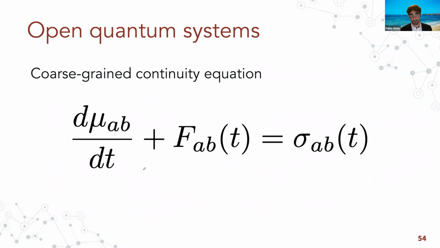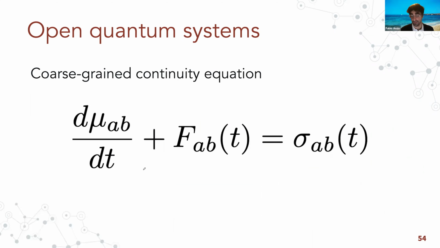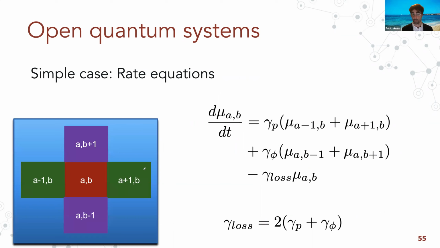Right, so you get a coarse grained continuity equation with FAB and with the discretized quantities. And so you can come up with, for example, simple models like rate equations in which you imagine that there is a bunch of points. Sorry, this is my cell AB. There's a bunch of points here. In first approximation, I'm just coming up with realistic models to showcase how you can use the theory.